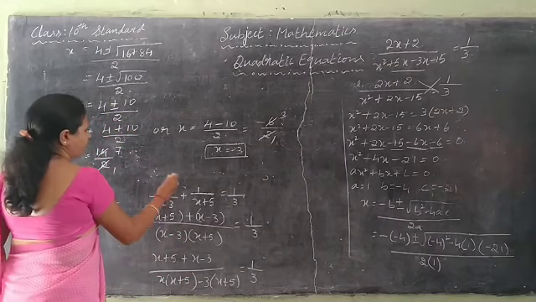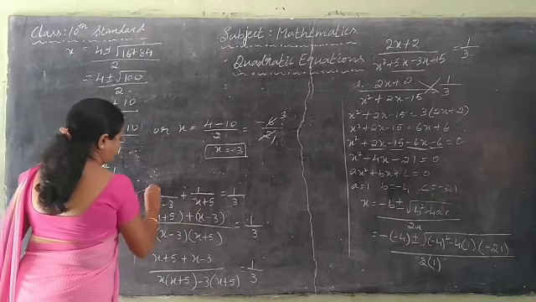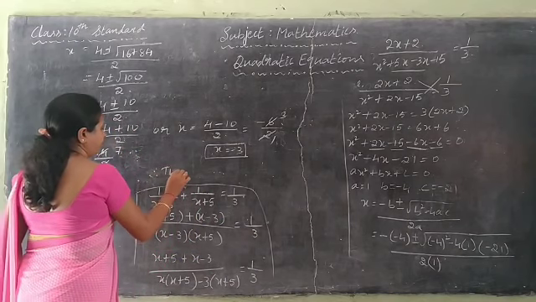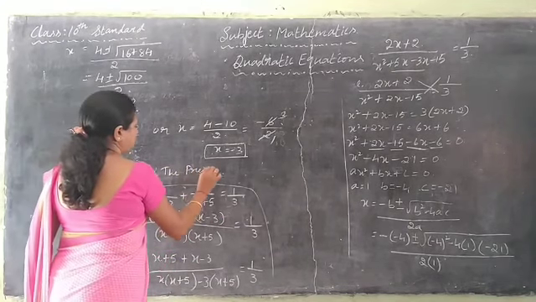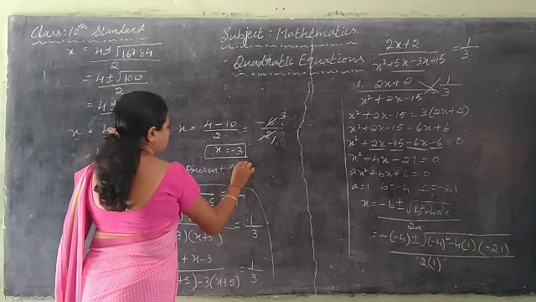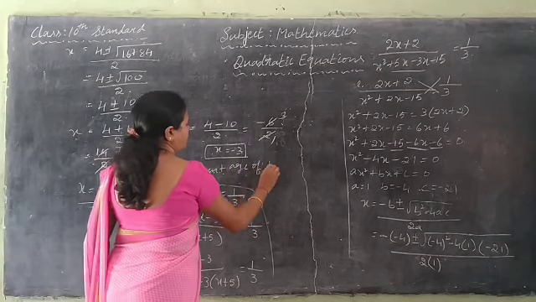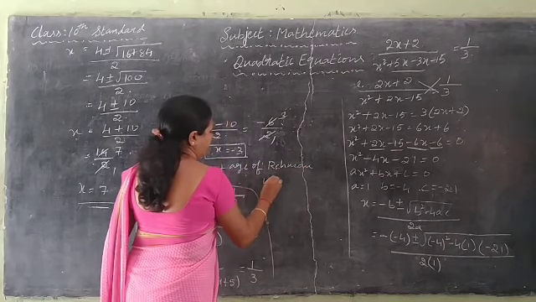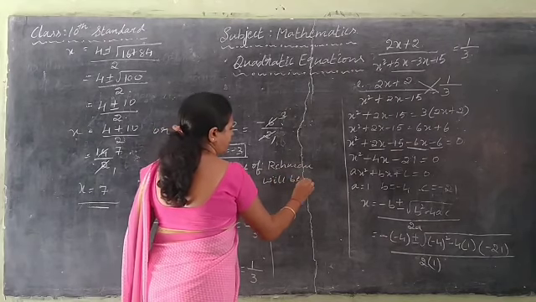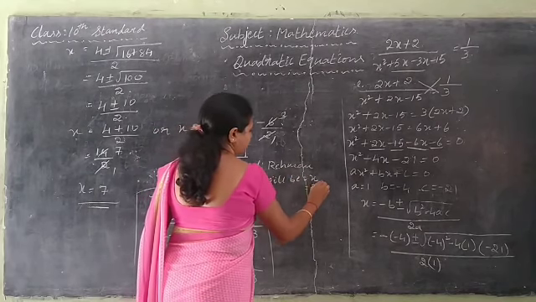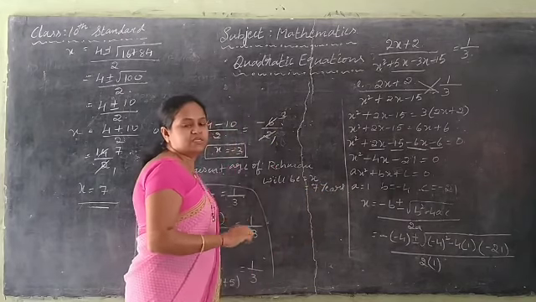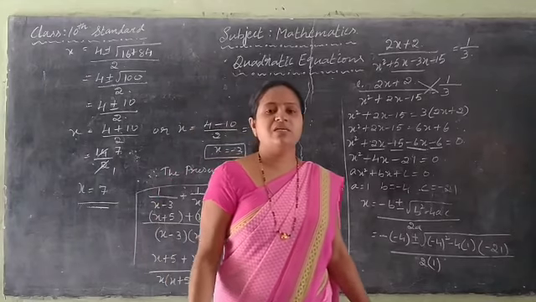Therefore, the present age of Rahman will be, you have considered x, isn't it? So it is 7 years. So the present age of Rahman is 7 years, children.